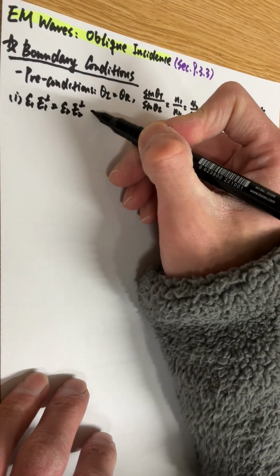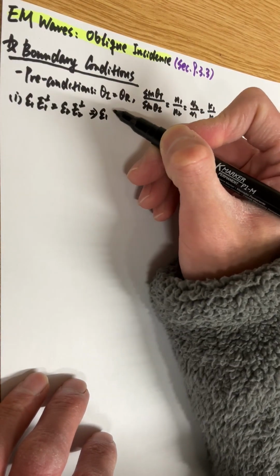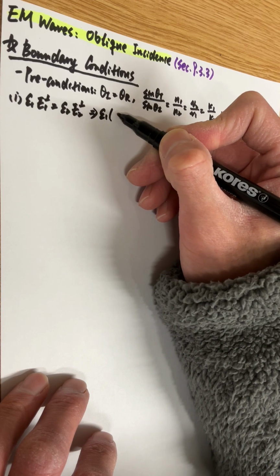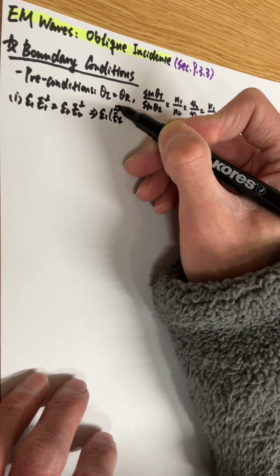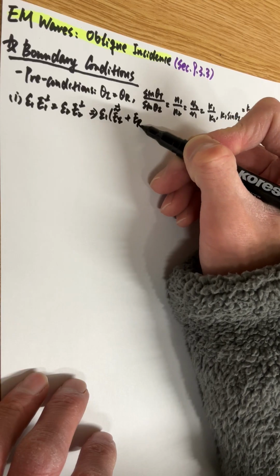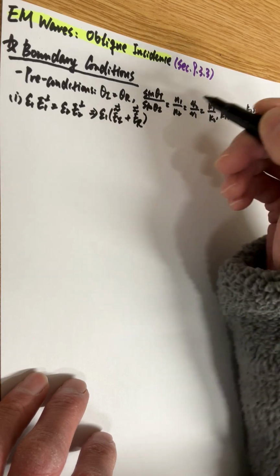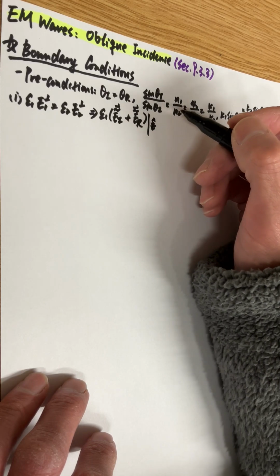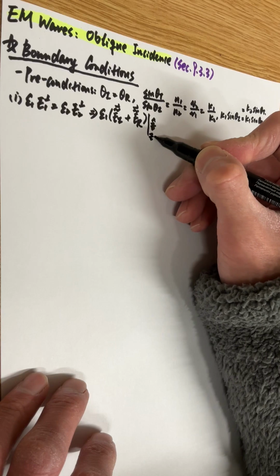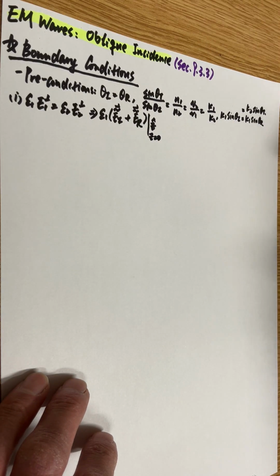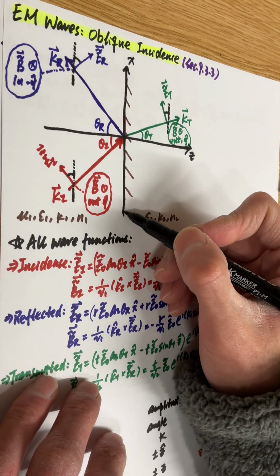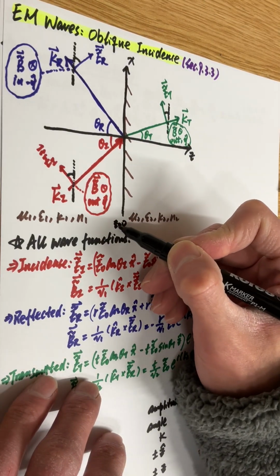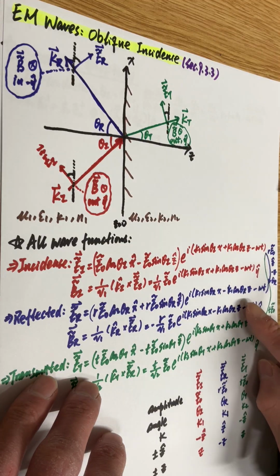So basically, here we would have epsilon 1 (EI plus ER). We have their polarization Z component. We also have the variable Z equal to 0 for the propagation function. So the location of the boundary is Z equal to 0 for the propagation function, here, here, here.